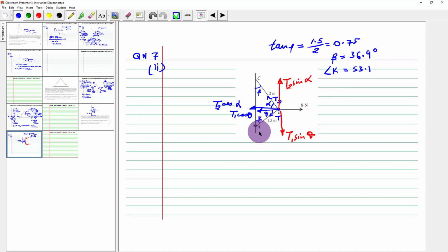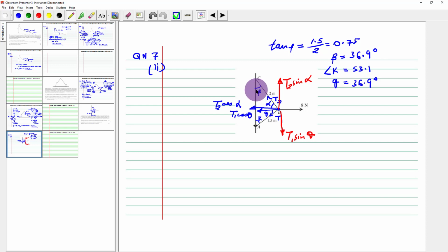If I do that, I can get this angle here, because now I consider this triangle, and since this one is 53.1 and this angle here is 90 degrees, then theta is 90 degrees minus 53.1, which gives me 36.9 degrees.